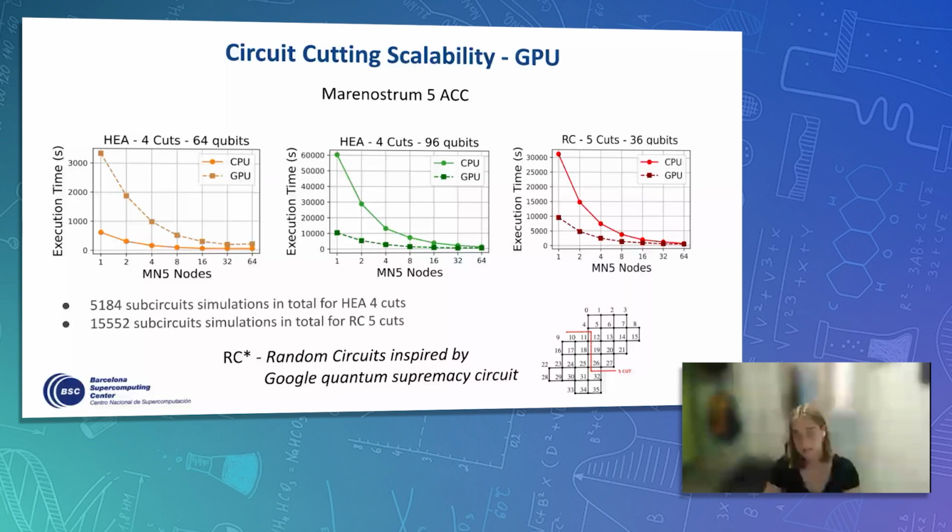One thing to note in all the graphs is that as we increase the resources, as we increase the number of nodes that we use, we're able to match the execution time of CPUs and GPUs. That shows us how well the application is able to use all the resources.